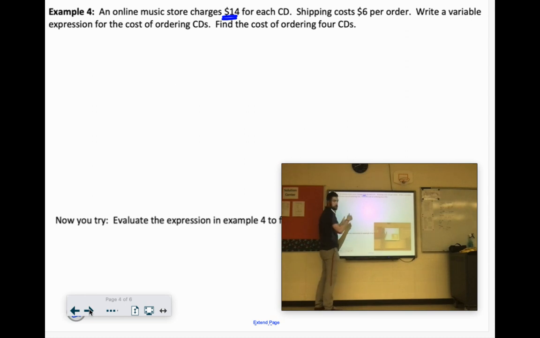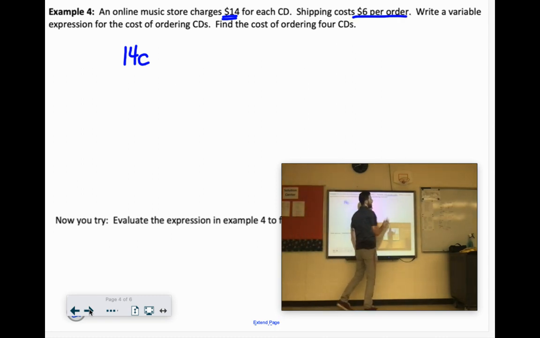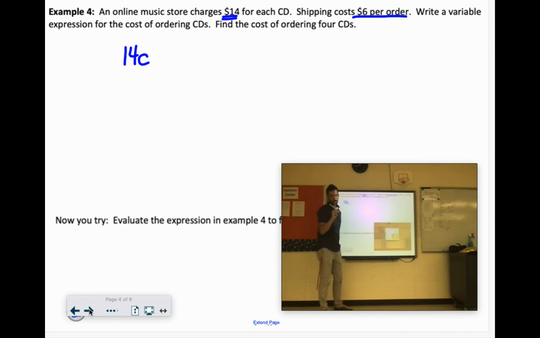So we would have to do 14 times the 10. But again, we made up the 10. So it's just $14 times the number of CDs. So we'll say 14C. We also have to pay that $6 in shipping, but we only have to pay that once per order. So we're just going to take whatever our cost of the CDs comes out to be, and we're just going to add 6 at the end.